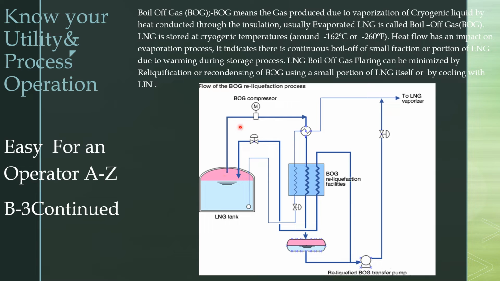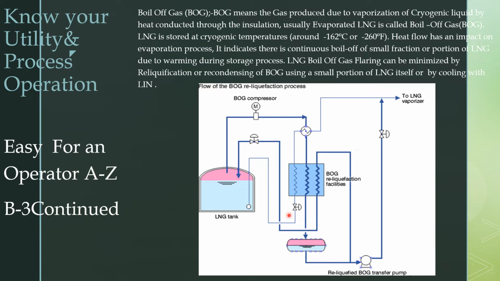The boil-off gas produced is collected, compressed and sent to the heat exchanger. This is a reliquefaction using the LNG pump itself. One portion of LNG is coming and going through the heat exchanger, and the boil-off gas coming inside gets cooled and goes back to the tank.